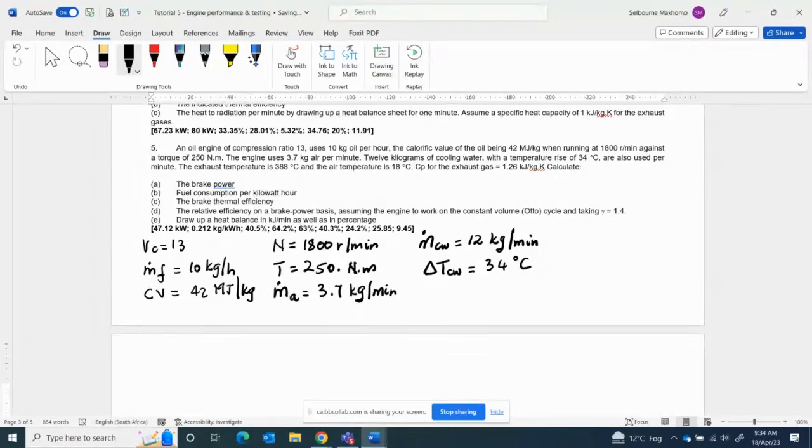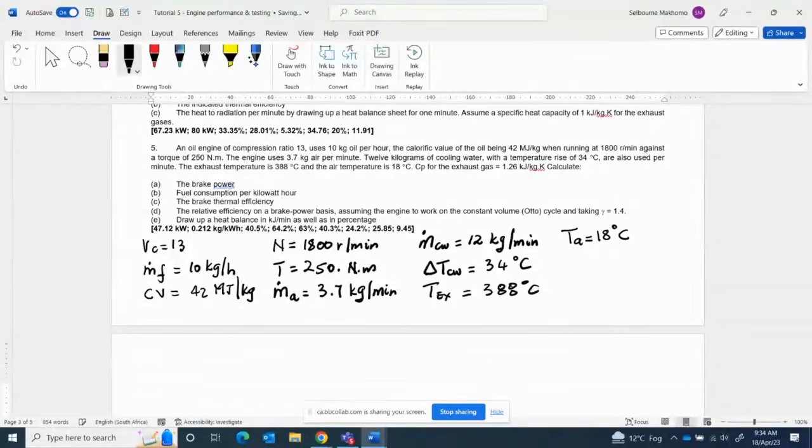The temperature of exhaust gases, that is TEX, is 388 degrees Celsius, very hot gases. And the ambient air temperature, TA, is equal to 18 degrees Celsius.